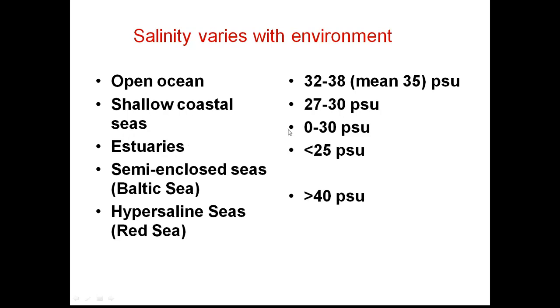So near the entrance to estuaries, where they have their connection with the ocean, we might expect that when the estuary is open to the ocean, there is going to be a lot of tidal exchange between the estuary and the ocean waters, and so our salinity is going to be very close to that of the coastal ocean, so in the order of 30 practical salinity units.